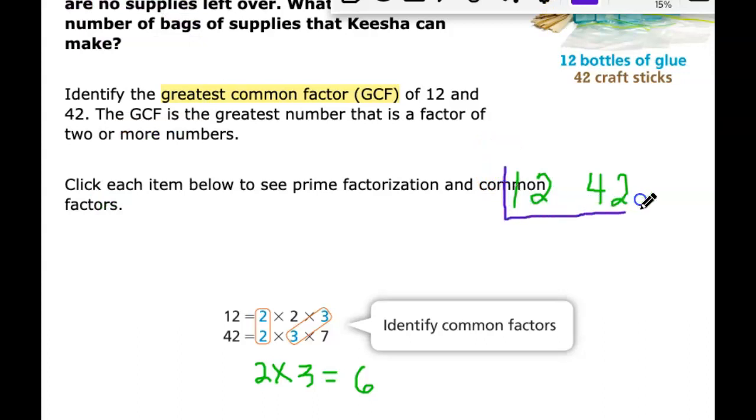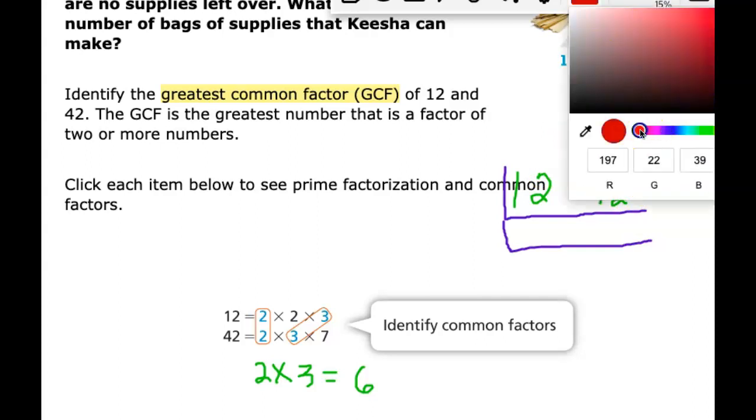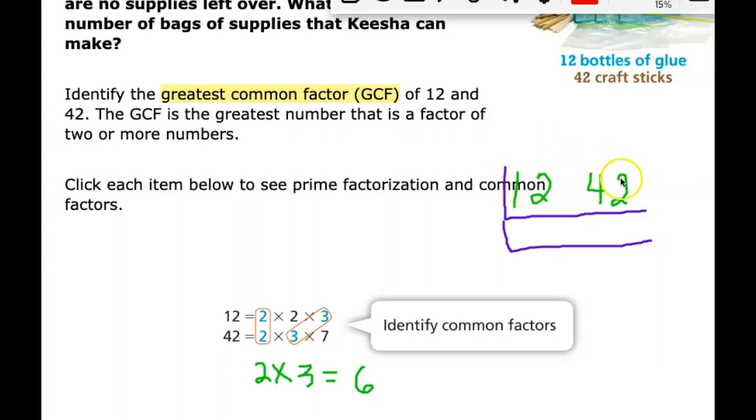Continuous division is where we're collecting all the common factors, right? What is the first prime number that we could use to divide 12 and 42? What's the first number that you got in your mind?